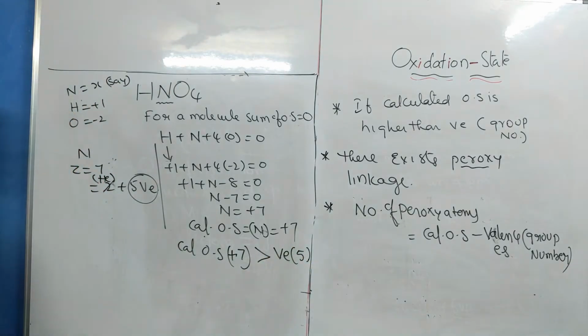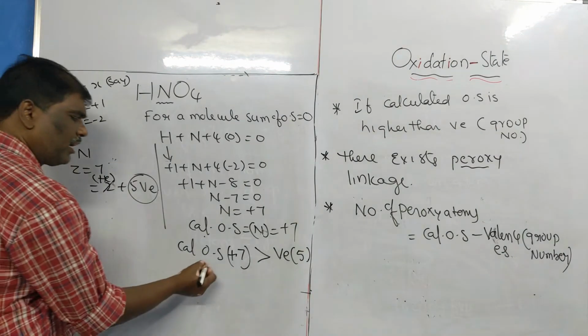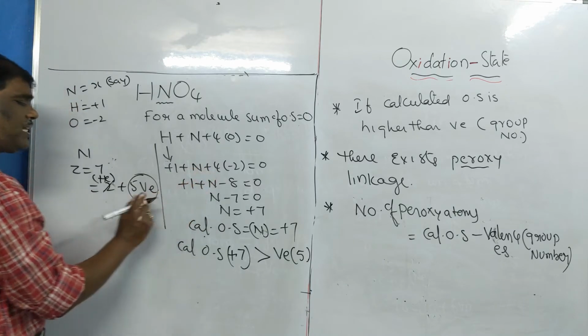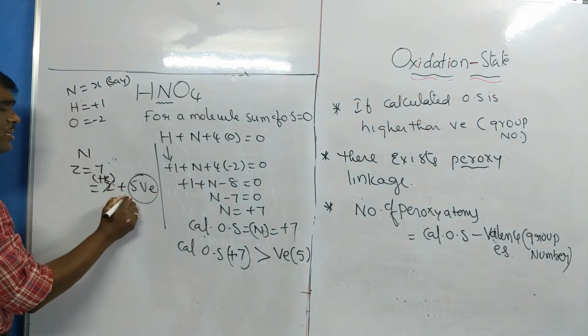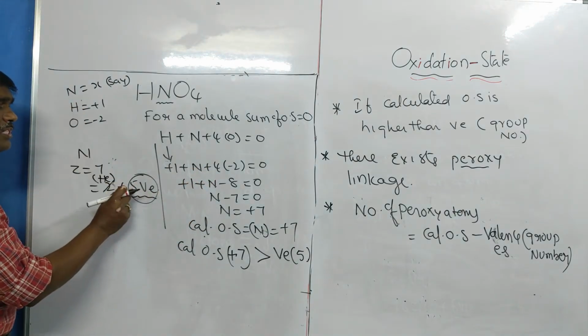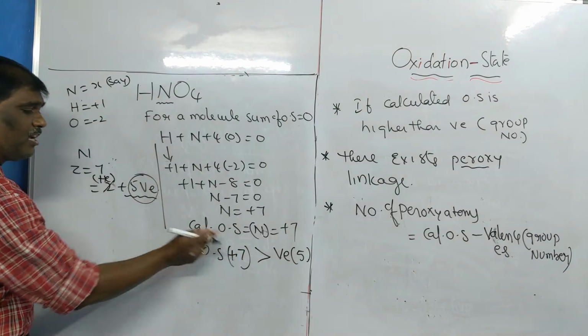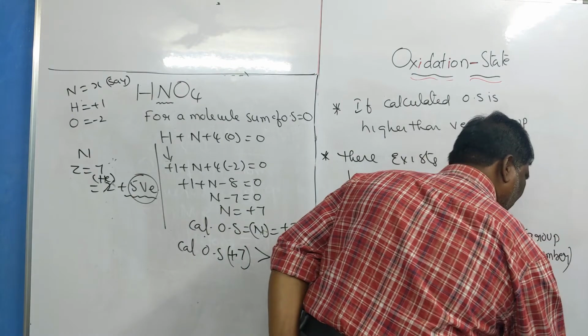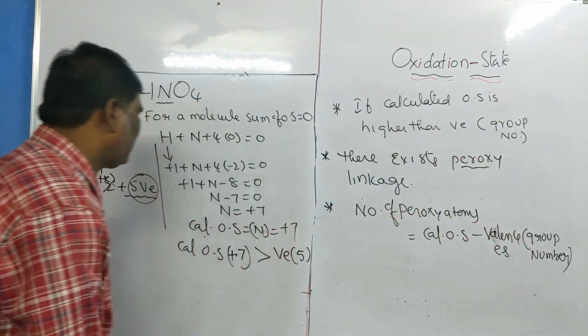How many valence electrons are there? 5. So this is a contradiction. For nitrogen the oxidation state never exceeds 5. So here we are getting +7. From this I say there exists a peroxy linkage.